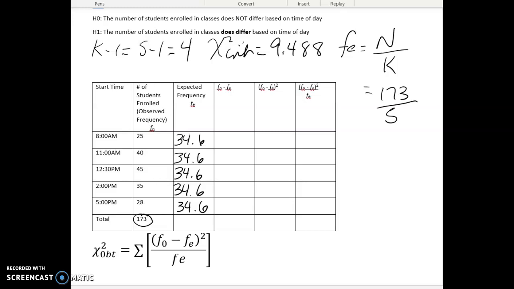So 25 minus 34.6 is going to be negative 9.6. 40 minus 34.6 is 5.4. 45 minus 34.6 is 10.4. 35 minus 34.6 is 0.4. And then finally 28 minus 34.6 is minus 6.6.